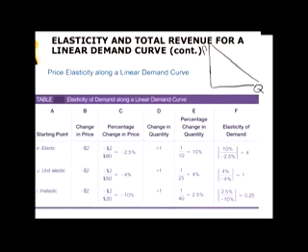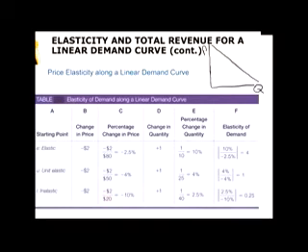Now, if we look at the same quantitative changes in this portion of the demand curve down here, where we've got a $2 reduction from one point to another and a 1 unit increase from one point to another, we can see the percentage changes are very different on this section than they are in this section. That $2 reduction is a decrease of $2 from an initial price which was much lower.